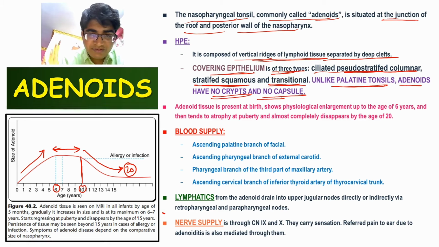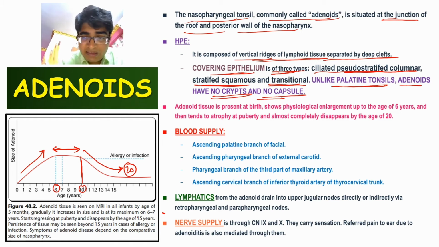So very importantly, if any patient comes to you with an adenoid hypertrophy at the age of 15 to 20, you must intervene, correct? Otherwise he or she may complain of nasal obstruction, correct?